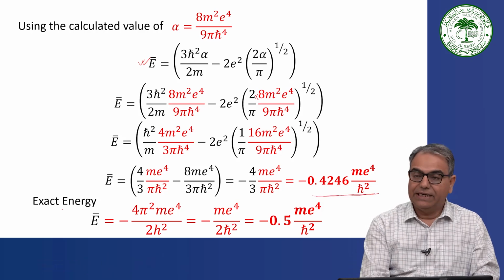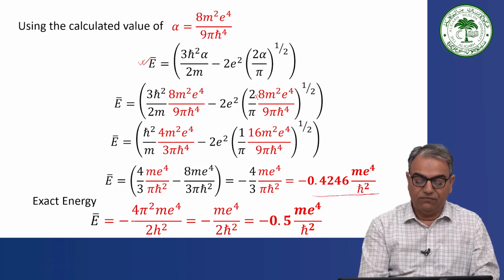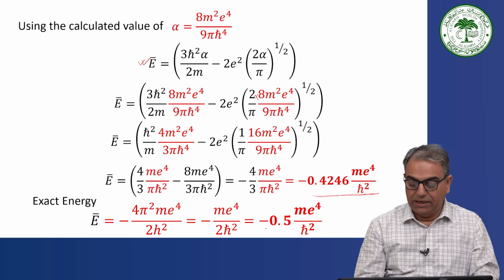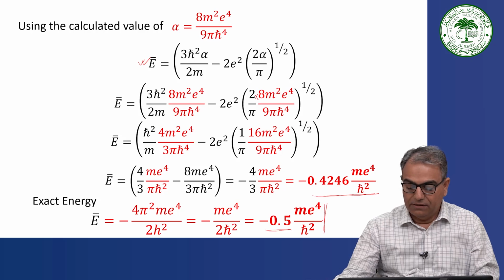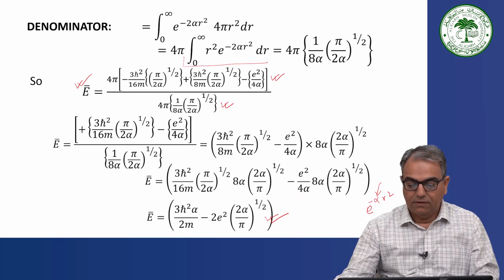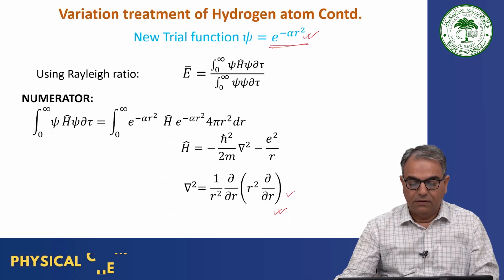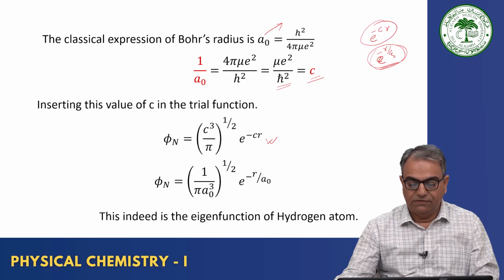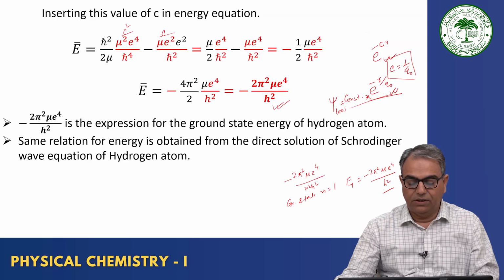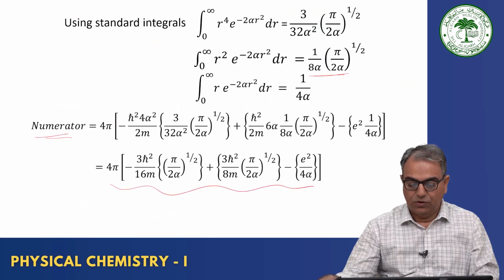So what is the exact energy? Exact energy is 2 pi square m e raised to the power 4 divided by h square, so the exact energy is minus 0.5 me4 divided by h cross square. If you go back to this function, you get 2 pi square mu e raised to the power 4 divided by h square.